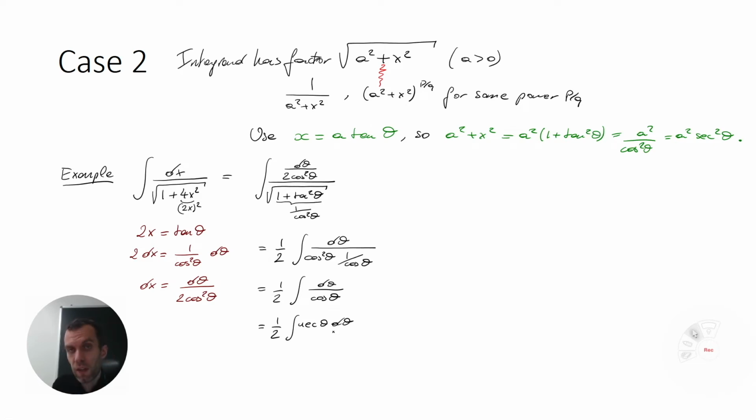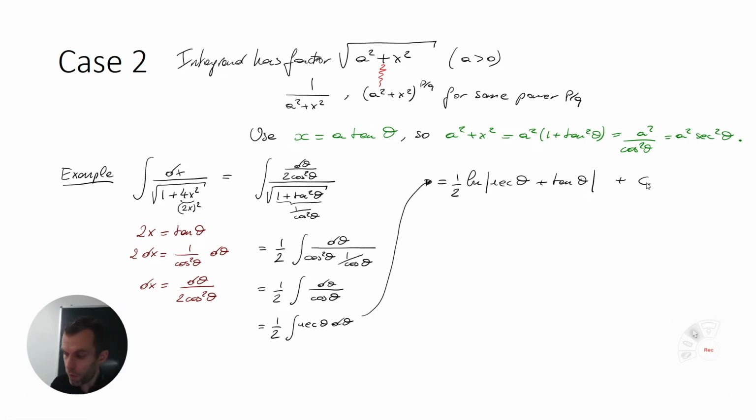And I'm writing it like this because, again, this is a trigonometric integral that we've already solved. And we know that this is equal to 1/2 the logarithm of the absolute value of secant theta plus tan theta plus a constant.